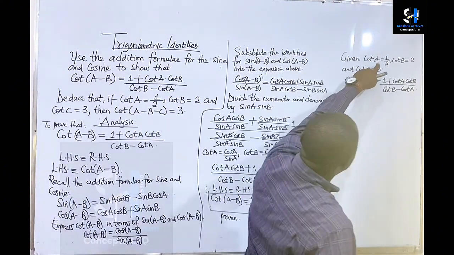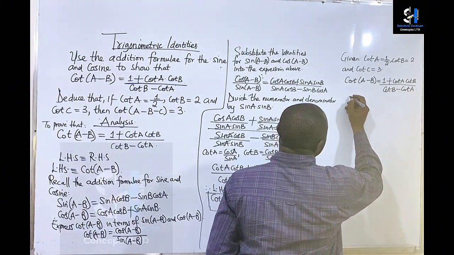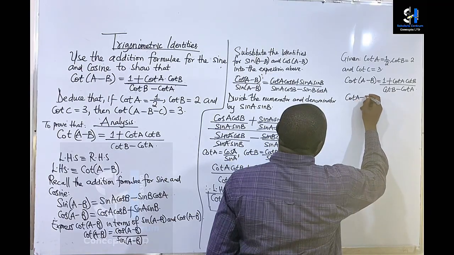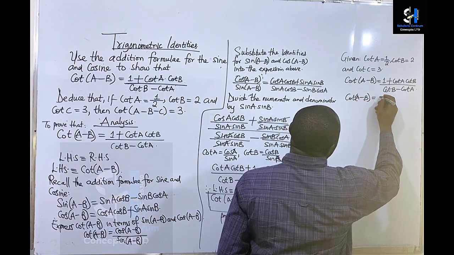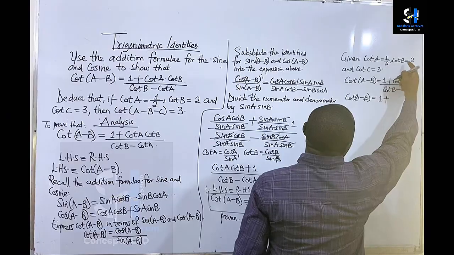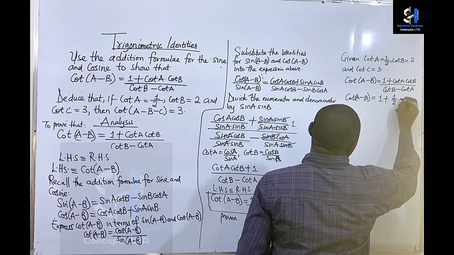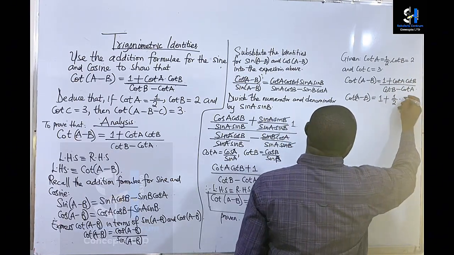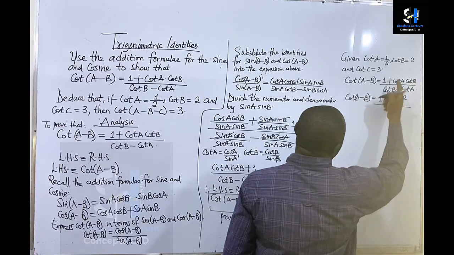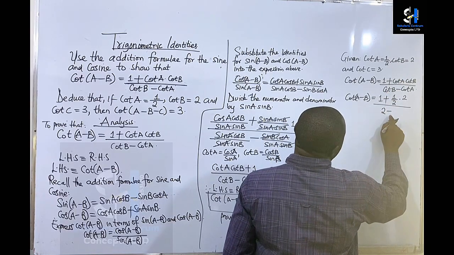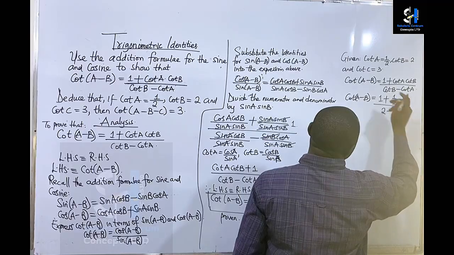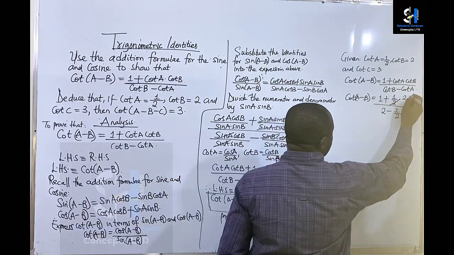Now, we have that cot A is 1/2. So cot(A minus B) will equal 1 plus cot A, which is 1/2, multiplied by cot B, which is 2, all over cot B, that's 2, minus 1/2, which is cot A. So this will cancel this.